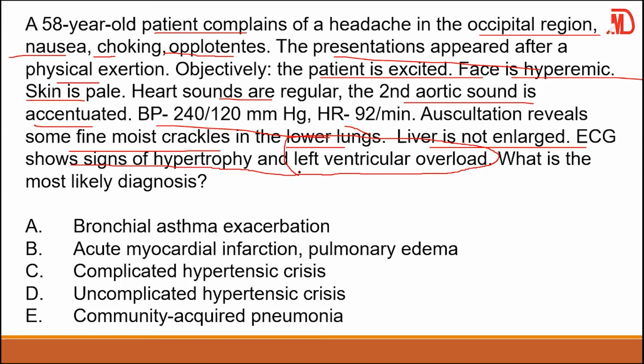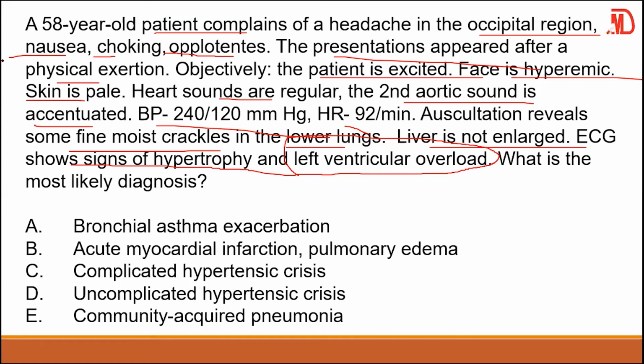With blood. Exactly. That means there's too much fluid, too much blood inside the left ventricle. And again, there is hypertrophy. That means there is thickness over that area. Isn't it? So the question is, what is the most likely diagnosis?